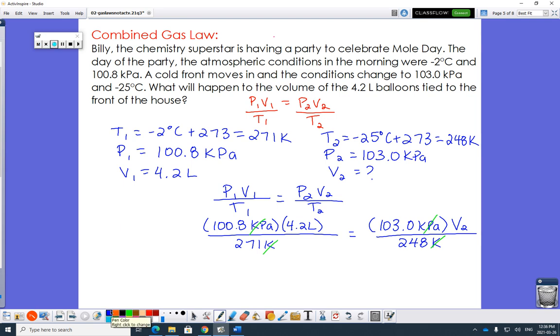And then again, you have to decide how much work you want to show. You can straight up just cross multiply right now. Some people, this is too much. So we can do 100.8 times 4.2, push equals, divide by 271. And then you can do this over here. 103 divided by 248.